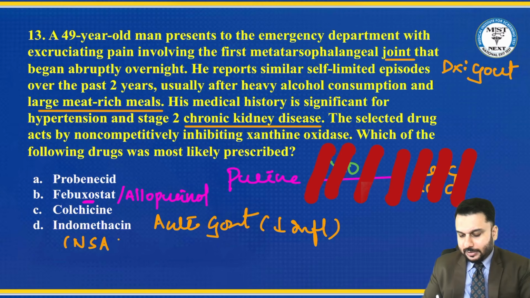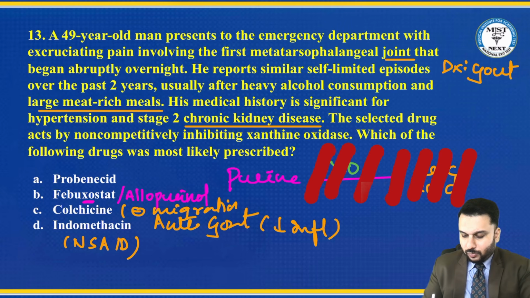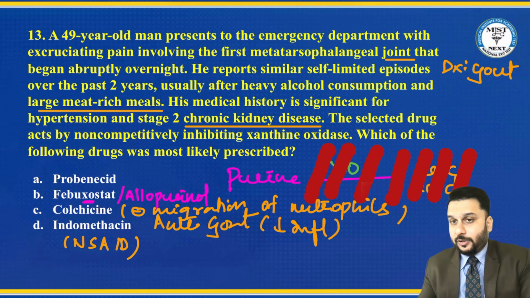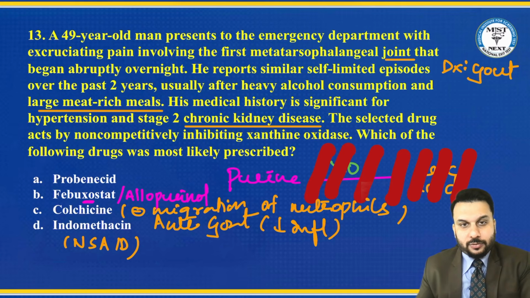The most preferred NSAID in this topic is indomethacin, or colchicine, which inhibits the migration of neutrophils. If you block the neutrophils, the inflammation will not happen again. That's the logic, which is straightforward here.